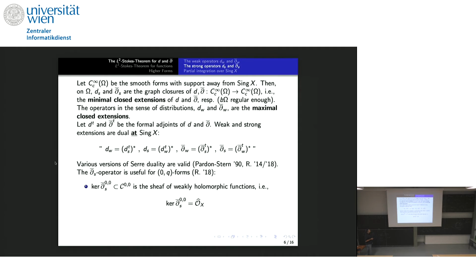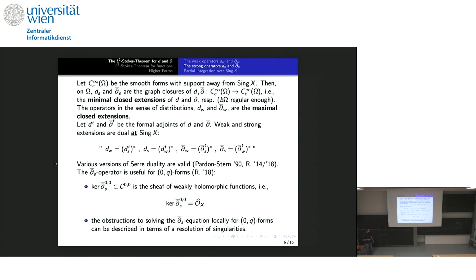Then you end up with weakly holomorphic functions, so holomorphic functions which are actually bounded if you approach the singularities. So this is also not trivial. The kernel of d-bar_s on the level of functions are the weakly holomorphic functions. This is the usual notation for the weakly holomorphic functions on singular varieties.